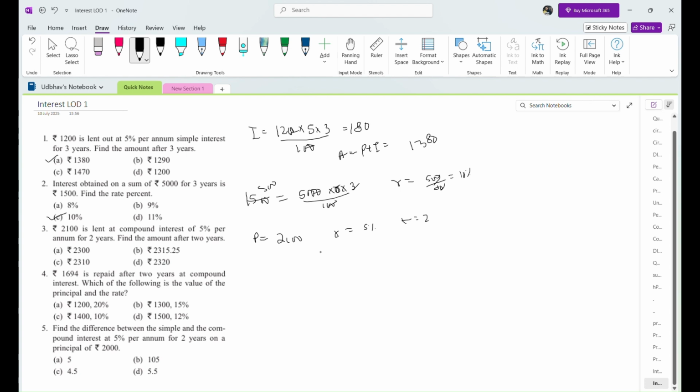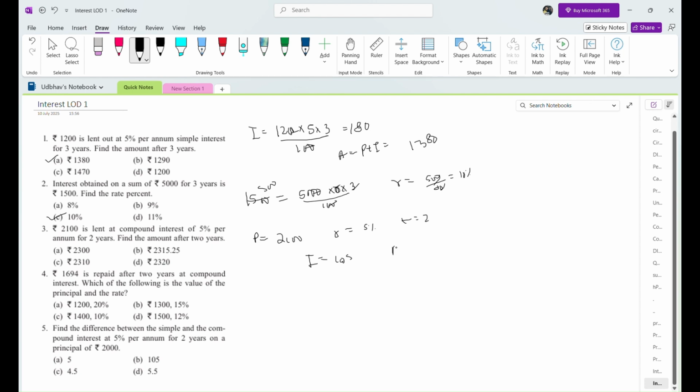So either we can use the formula or we can just do it manually also. After the first year, after getting 5% rate, what will be the interest? The interest will be 2100 into 5%, 105 rupees.